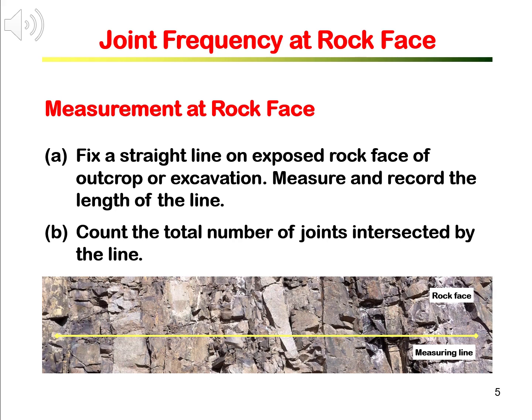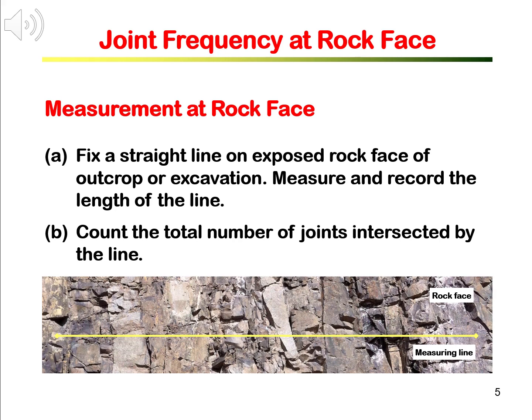On those rock faces, we can measure joint orientations as we just learned. We can also measure joint geometrical distributions, including frequency, spacing, and RQD. The rock quality designation, RQD, is to present the fracturing degree of the rock mass.